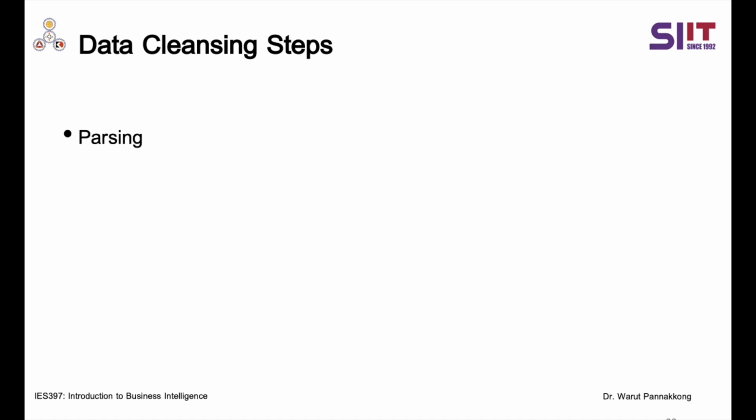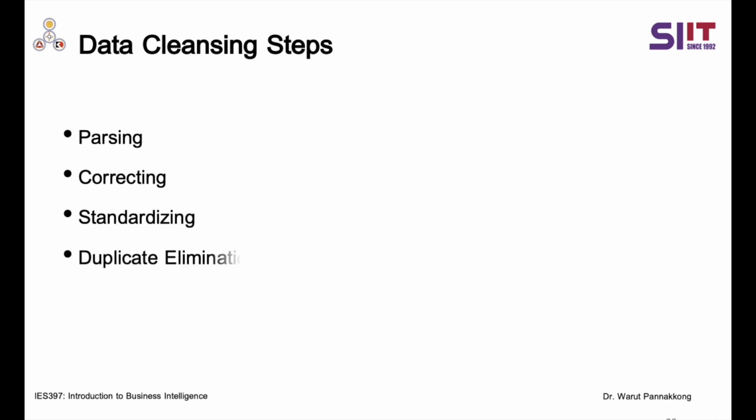The steps to do data cleansing include parsing, correcting, standardizing, duplicate elimination. Basically, they are just the names for correcting each of the types of dirty data that we have discussed. Analyzing the result is the final step. So we should do all of these.